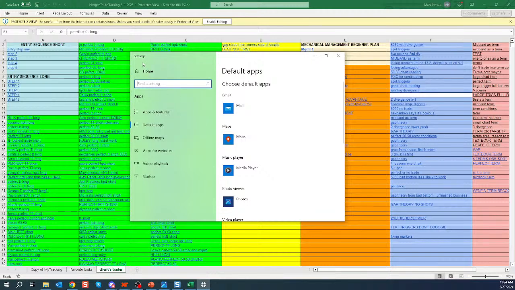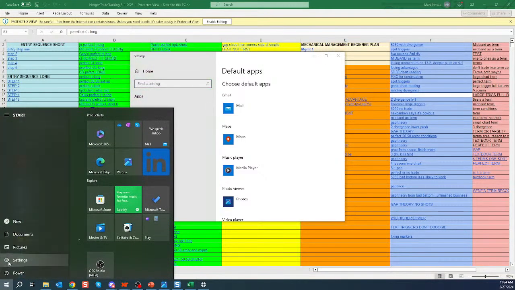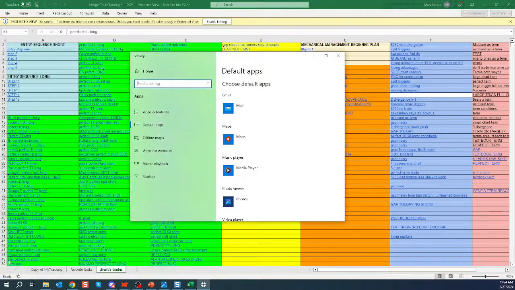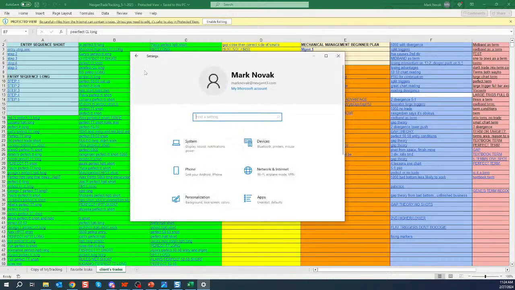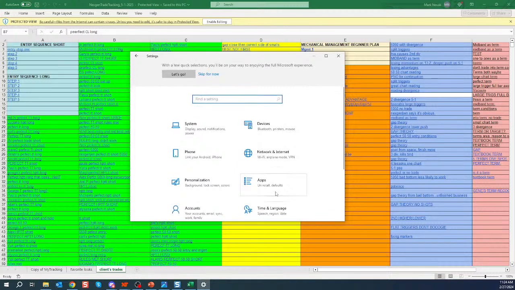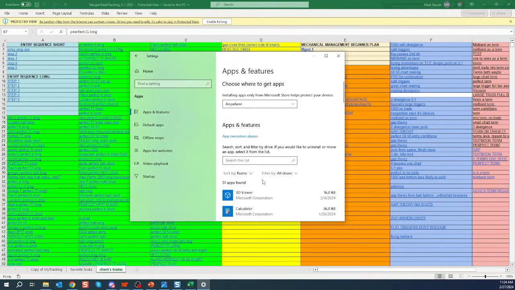So let's do this. Go to your settings and go to apps, default apps. Do you know how to do that from the little window thing? Go to the cog that says settings. And then from settings, you want to go to apps.